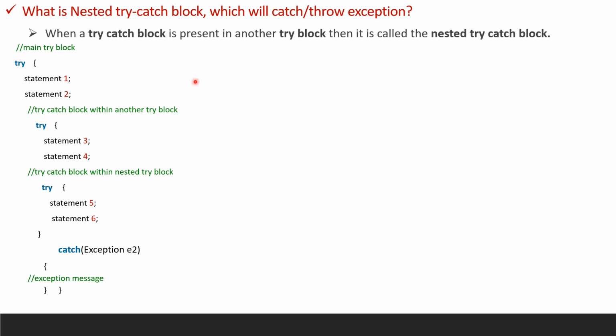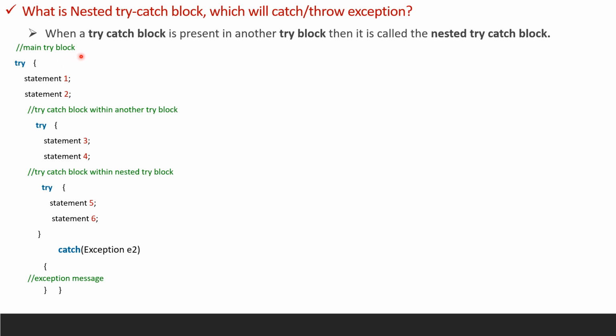We will have multiple try blocks in the nested try-catch blocks. He is trying to ask which will catch or throw the exception, and which gets the exception in the nested try-catch block, hierarchy-wise.